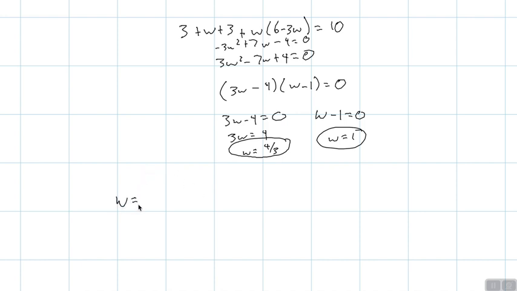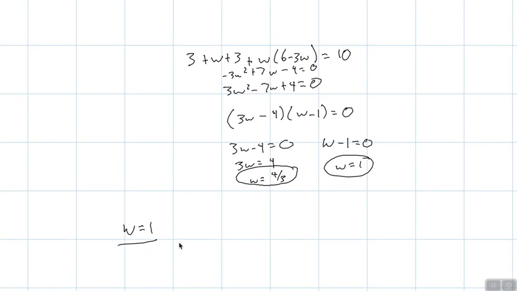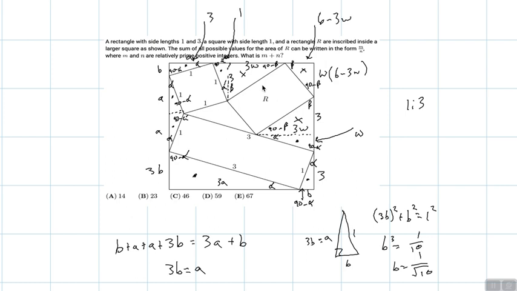So one is if we have w equal to 1, looking up here, I want to try to figure out this side of R and this side of R. We'll call this side of R R1 and this side of R R2.